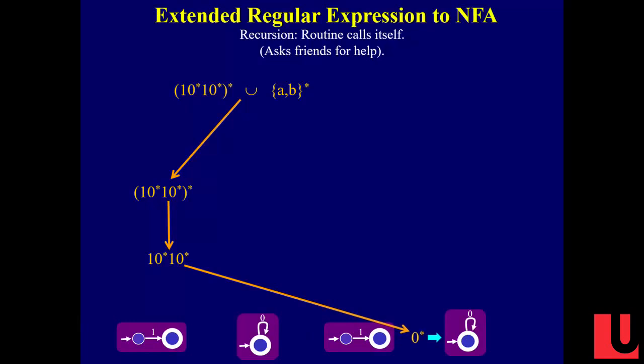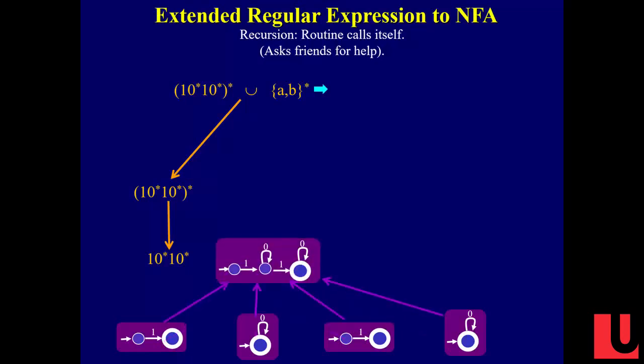So this guy, he had 4 friends. Each of his friends gave him an answer. And now his job is to take the answers that his friends gave and concatenate them together. When he concatenates them, here we got a 1 followed by 0 star followed by a 1 followed by 0 star.